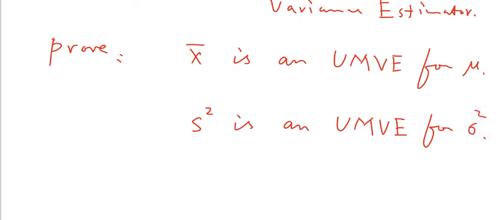So this formula is best: the sample variance is the best estimate for the population variance, right?